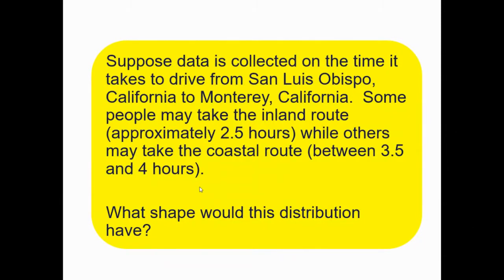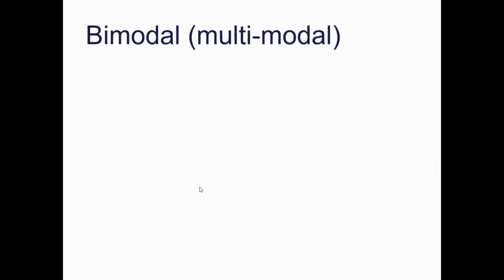How many modes do you think this distribution has? Well, they give them to us. There's one. There's the other. How many modes does this problem have? 2. If unimodal means one mode, what would 2 modes mean? Bimodal. So this would be a bimodal distribution.